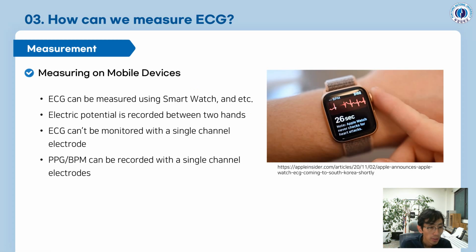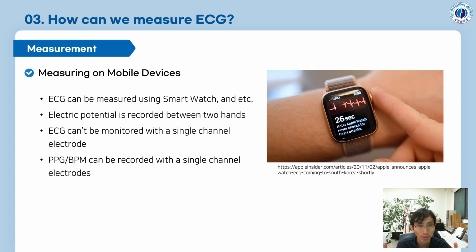Yes, you know that our smartwatches can measure ECG. This is the Apple Watch, and I have a Samsung watch. To measure ECG using the smartwatch, you need 2 electrodes, one on your left arm and the other on your right arm.